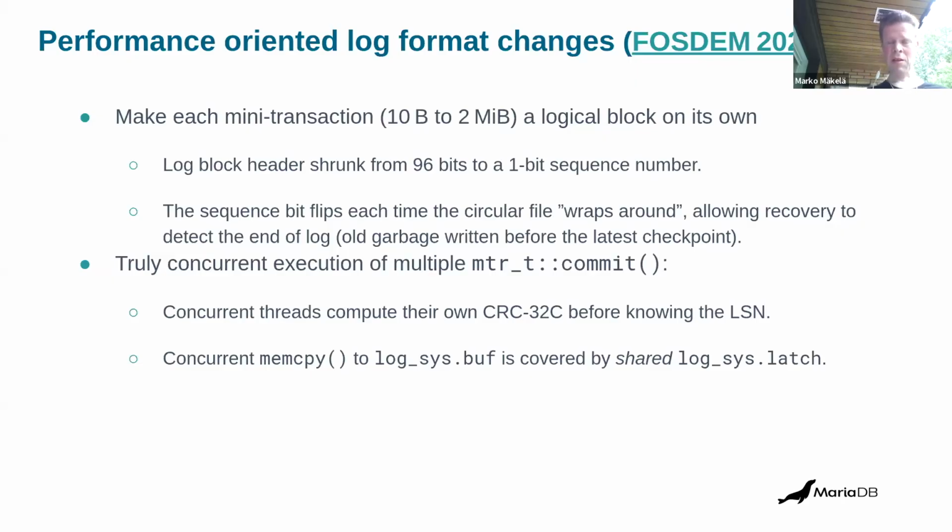And once they have allocated the log sequence number and the position in the log buffer, then they may concurrently copy their own log to this shared buffer. And that's covered by a shared latch on the log system. So we can have multiple threads appending their local log records into the global buffer at different points of the buffer.